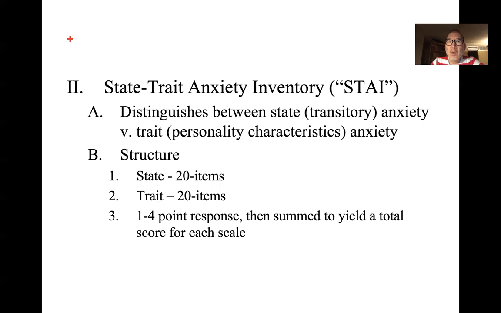Alrighty. Now there are 20 items that go to measuring state anxiety and 20 items that go to trait anxiety. And just like the Beck Depression Inventory, it's on a 1 to 4 point Likert scale. Alrighty, and a very handy test. Again, like the BDI, if you're a clinical psychologist, you might want to initially give it to a client so that you can get an idea of where they are with anxiety.